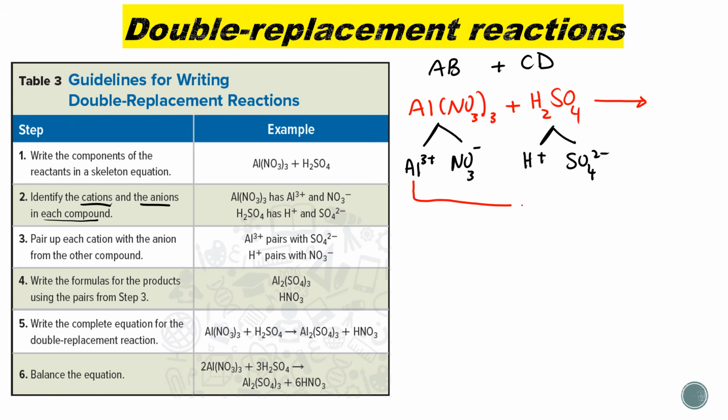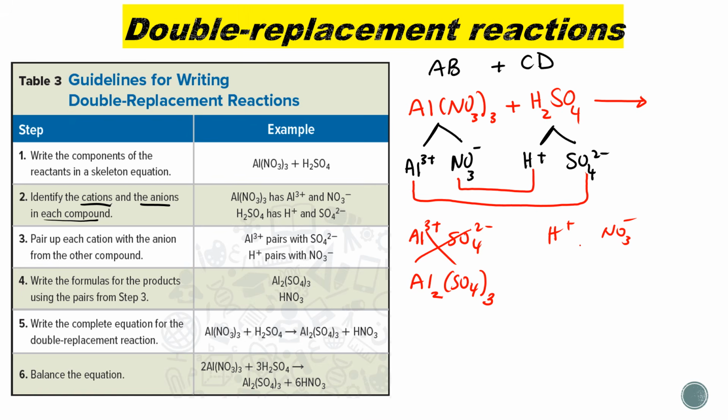So take Al with SO4 and H plus with NO3 minus. So Al plus 3 and SO4 minus 2, the compound that they will make is Al2(SO4)3. And the compound between H plus and NO3 minus اللي هو nitric acid, okay, HNO3. So basically your product is going to be Al2(SO4)3 plus HNO3.